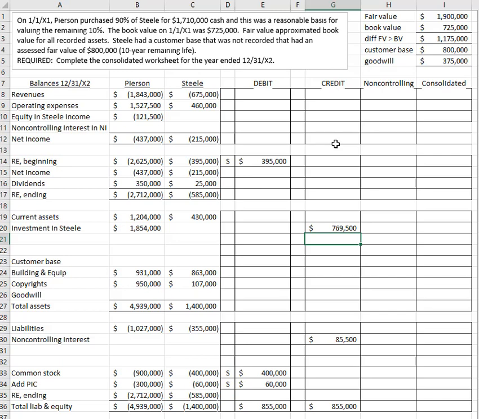That removed the book value. Now let's step up the assets to the fair value at acquisition. So we're going to add that customer base in, and we're going to add the goodwill. And then there weren't any others. And the same thing, we're going to credit the investment account for the 90% of those two amounts.